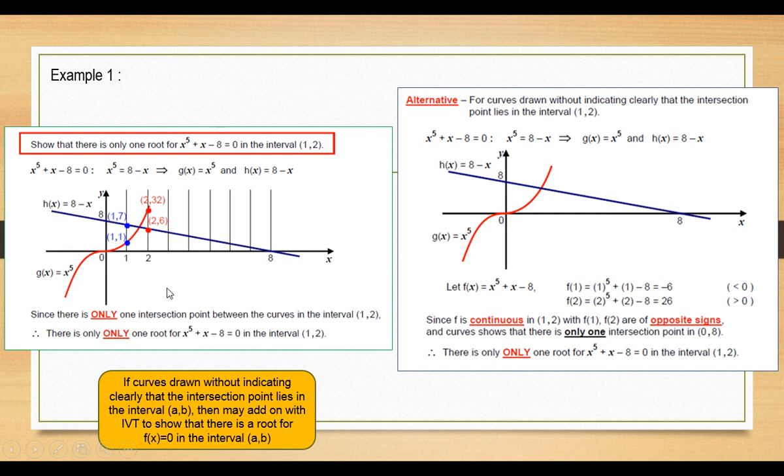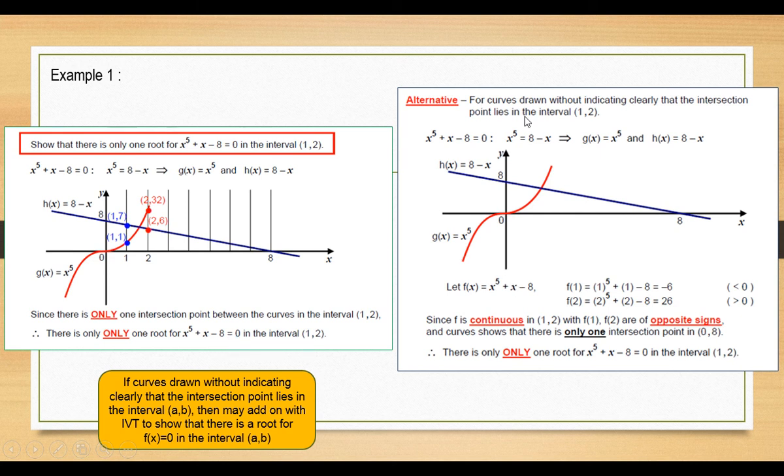From this graph, we indicate the intersection point that lies in the interval (1, 2), and you must write 1, 2, 3, 4, 5, 6, 7, 8. Since there is only one intersection point between the curves in the interval (1, 2), there is only one root for x to the power 5 plus x minus 8 equals 0 in the interval (1, 2).